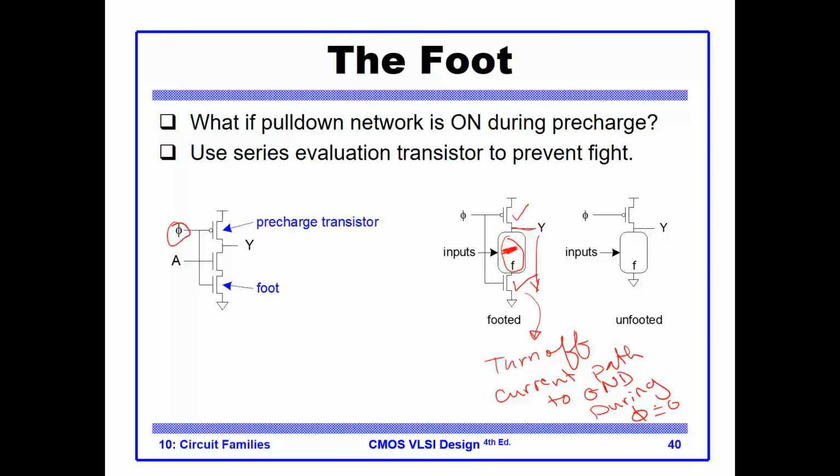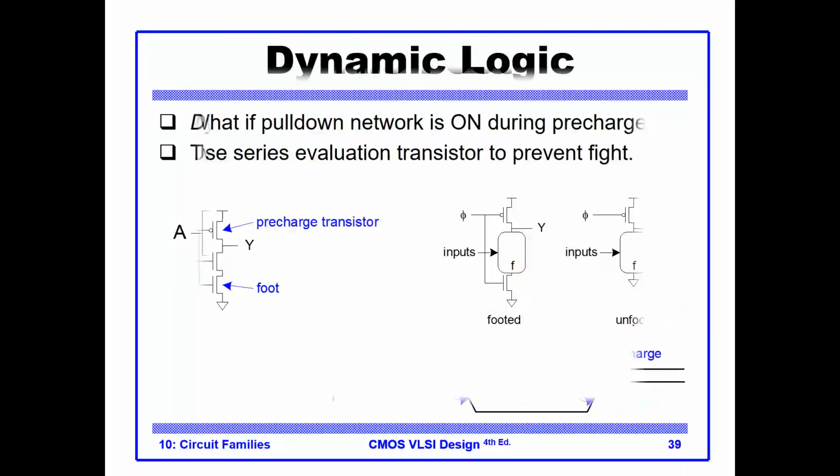But if we guarantee that this will happen with the inputs, meaning those inputs will be zeros, for example, during the pre-charge, then there is no need for this NMOS transistor right here. So two flavors, and both are correct, although this is preferred if you can guarantee the condition on the inputs. They refer to this as footed, and this is unfooted.